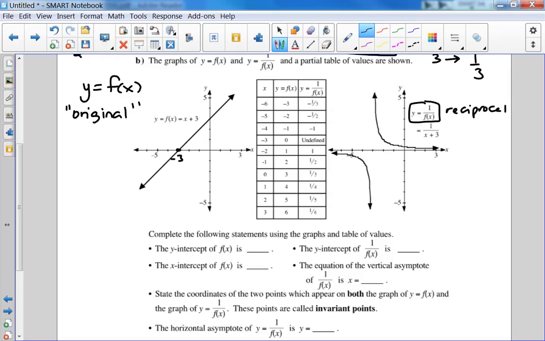For which x values is this function negative? Anything less than -3, good. And for which x values is this function positive? For all x values greater than -3. Is it similar?